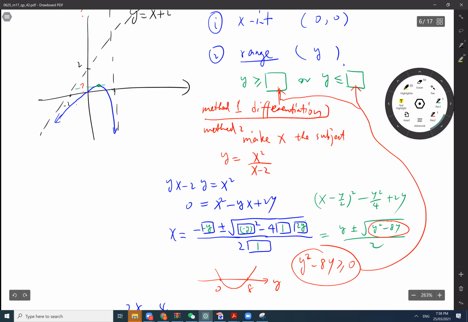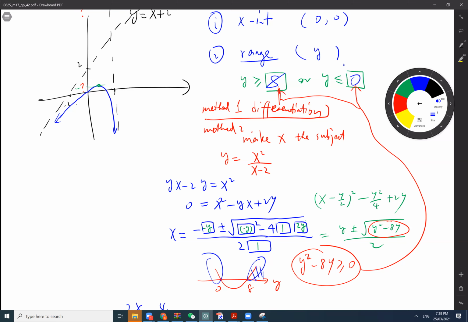We need it bigger than 0, so we need this part and this part. y is either bigger than 8 or less than 0. This method is very, very important.